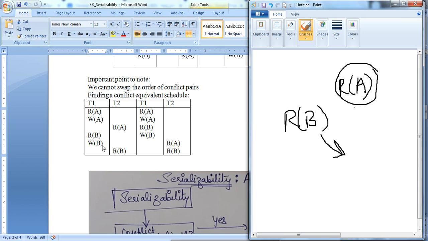Now again we move the read of A by T2 after the write B. Can it change the value of A read by T2?